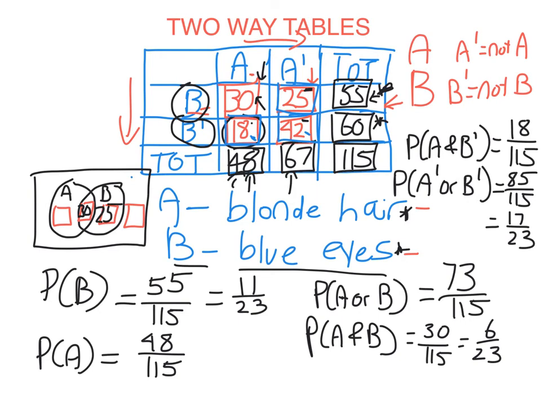Okay, and then of course this one here is the number that were in A but not B, which is this cell of the two-way table. So then that number that goes there is 18, and the last number, which was not A and not B, is outside the circles, is 42. So each of these 4 numbers, 1, 2, 3, 4, has a special spot on the Venn diagram. And now this Venn diagram and the two-way table give exactly the same information.